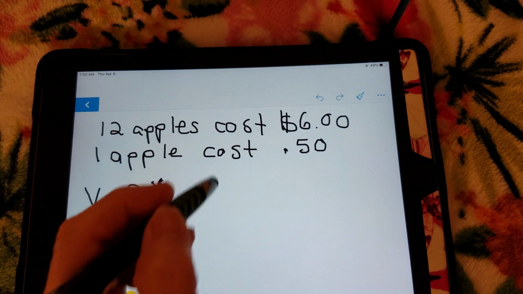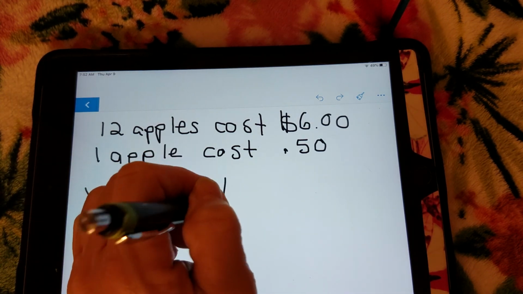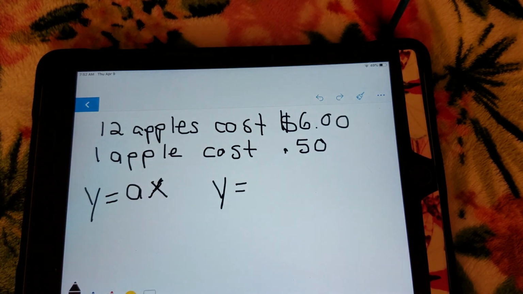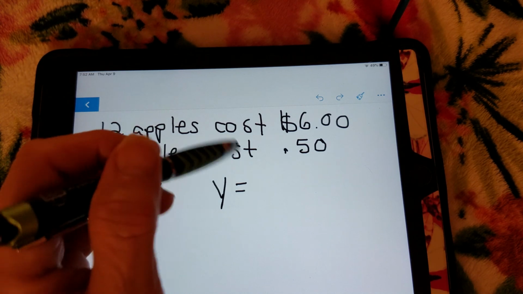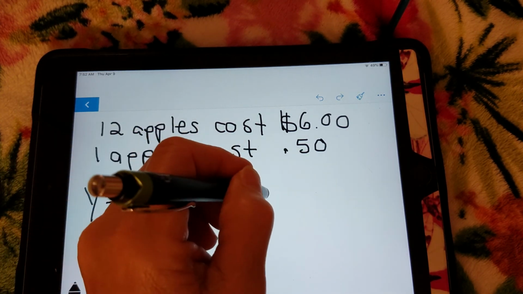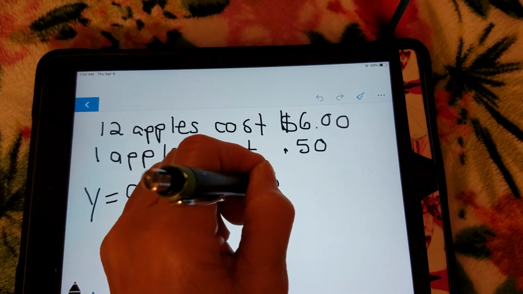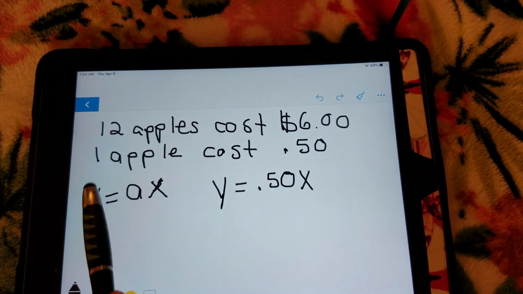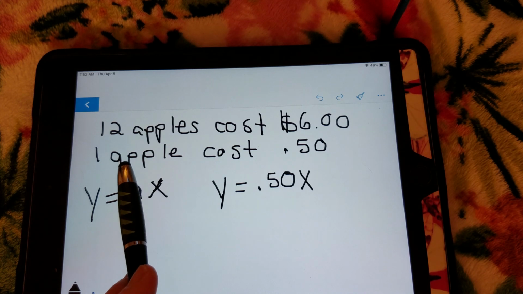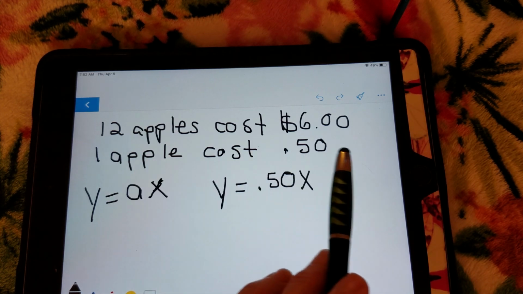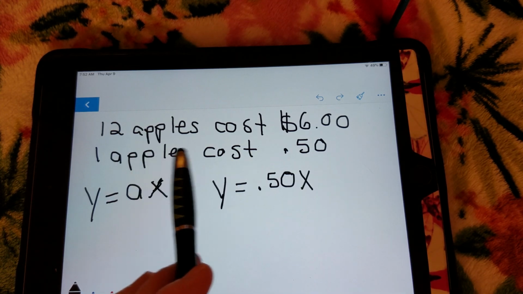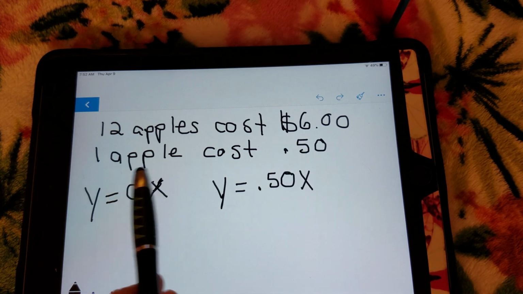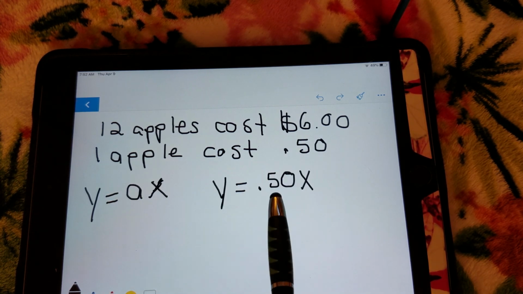So, y equals 50 cents times x. So if we were going to write a linear equation for this statement, 12 apples cost $6, one apple costs 50 cents, 50 cents would be our constant, because 1 times 50 would be 50 cents.